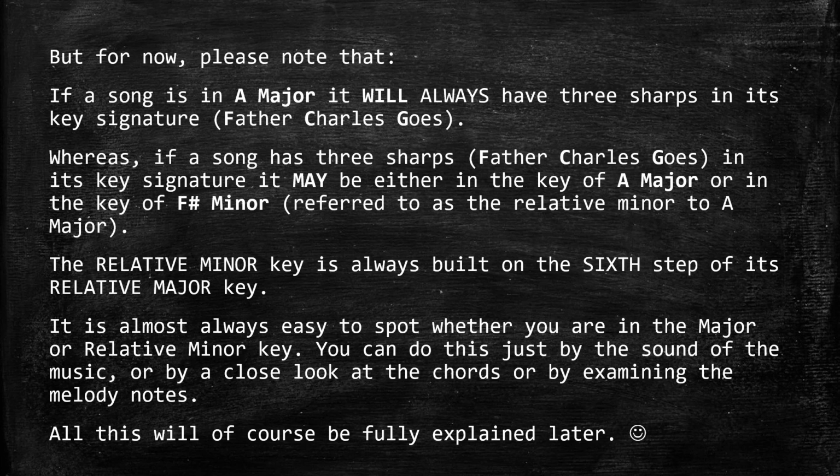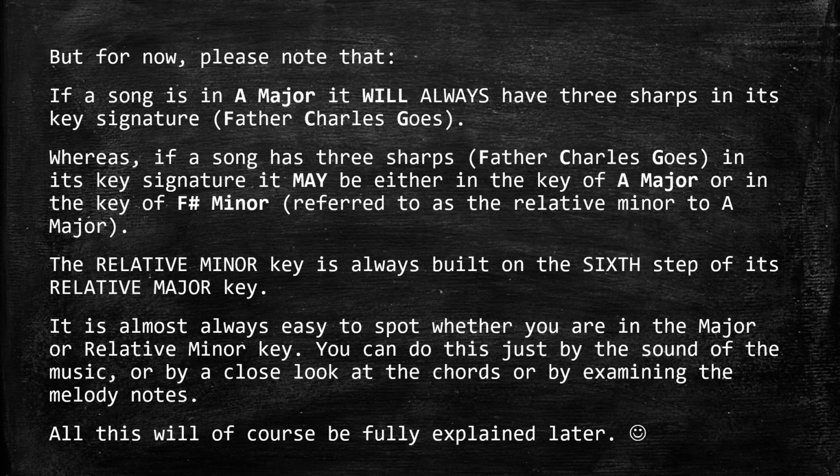Whereas if a song has three sharps, Father Charles Goes, in its key signature, it may either be in the key of A major or in the key of F sharp minor, referred to as the relative minor to A major. The relative minor key is always built on the sixth step of its relative major key.